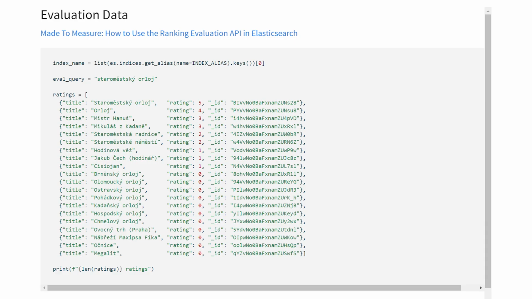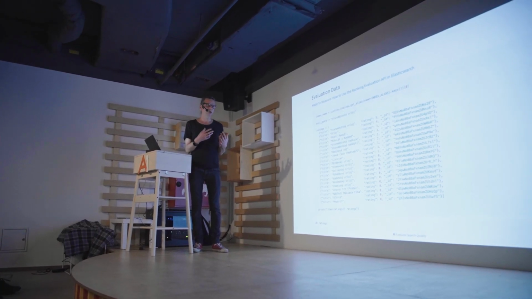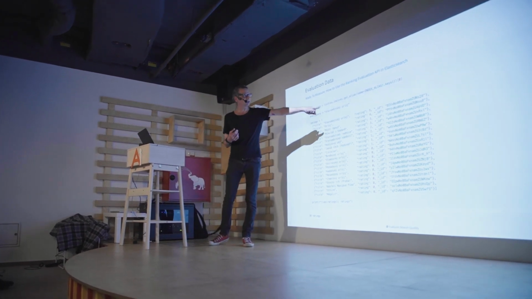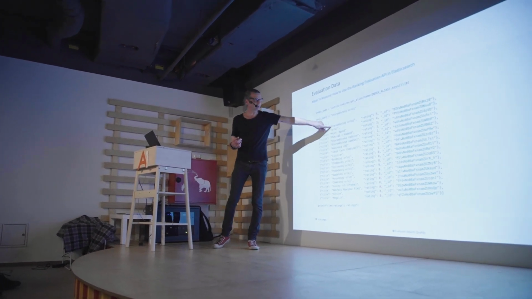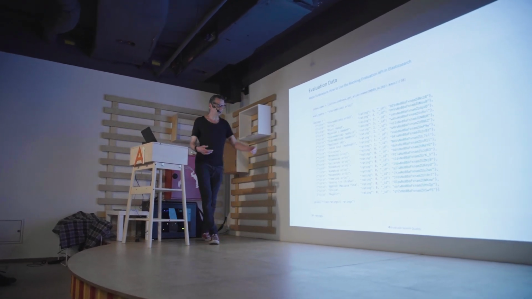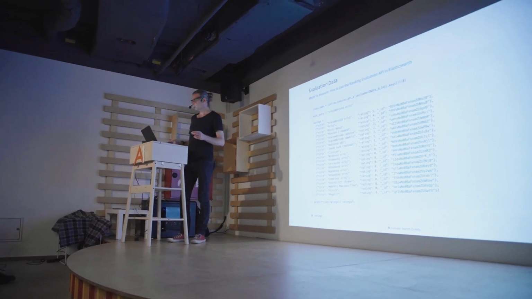The boring and laborious part is that you need to come up with an evaluation data set. Nobody will do this for you. You need to understand your data. You need to come up with a list of results which are more relevant than others. So here we are starting from 5 for the Staroměstský Orloj page, 4, 3, going down until we find Nábřeží Maxe Švabinského, right? We don't want that.